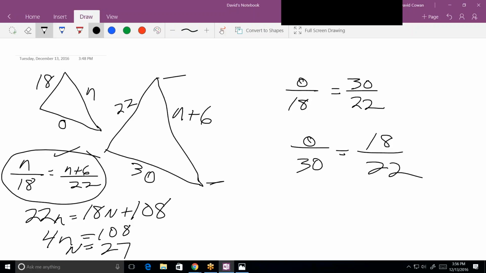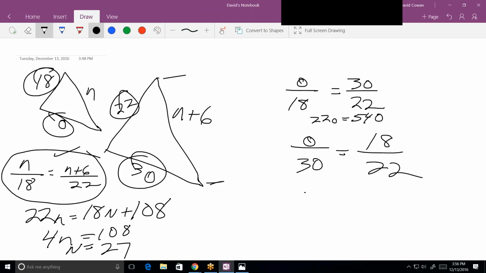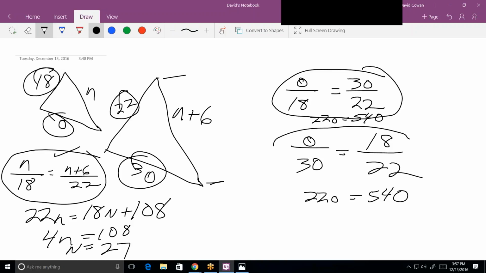In the second case, I related that to start with, and that has to be the same as that to that. Notice what happens. When I cross multiply, in the first case, I get 22O equals 540, and in the second case, I get 22O equals 540, even though I started with a completely different method.